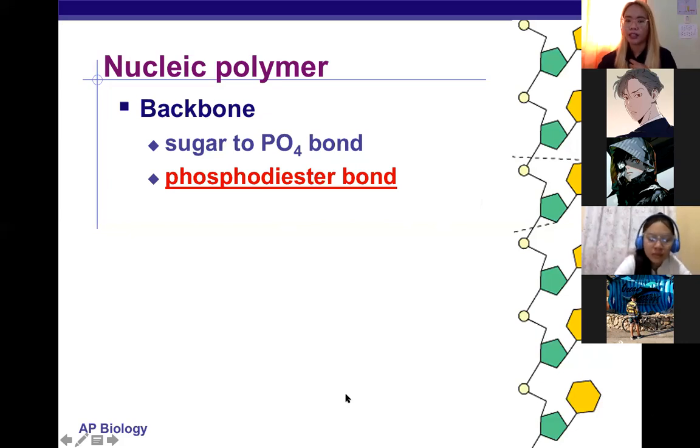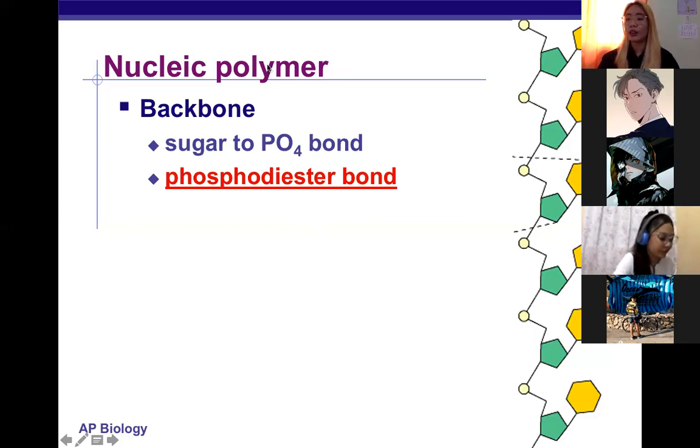Anong klaseng bonds ang meron sa lipids? Sige, hint. It starts with the letter E. Ester bond. Okay, so may ester bonds tayo. How about for amino acids? Ano ang bonds na meron sa kanila? Sinabi na pala yan. Peptide bonds. Okay, so for sugar, we have the glycosidic bonds. For the lipids, we have the ester bonds. And then for the amino acids, we have the peptide bonds.